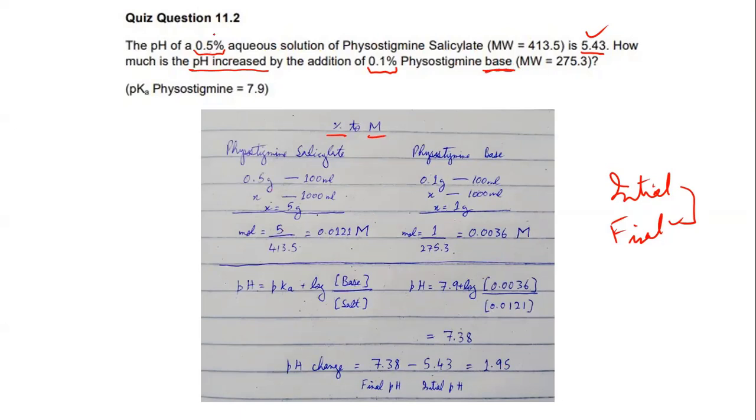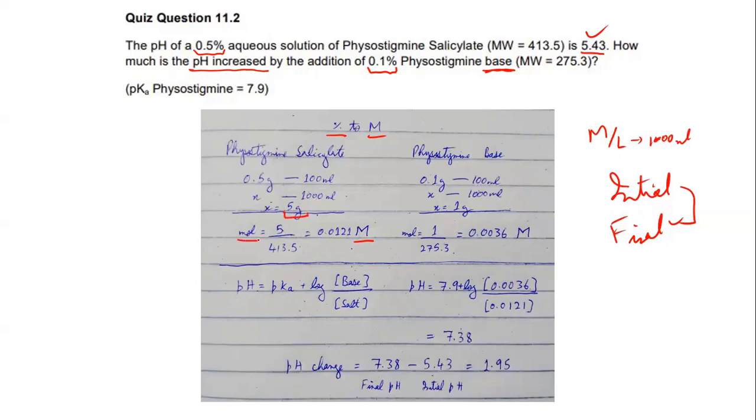First, let's translate this 0.5% into molar. How will we do it? 0.5 gram in 100 ml, x in 1000 ml, because molar is moles per liter, and a liter is 1000 ml. So we have the value in 1000 ml, and now we need to find the moles.